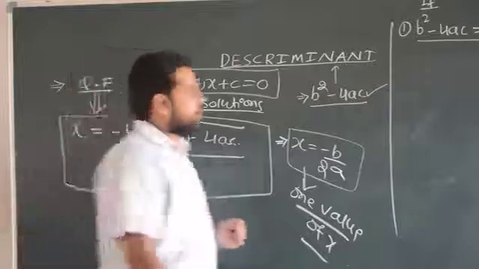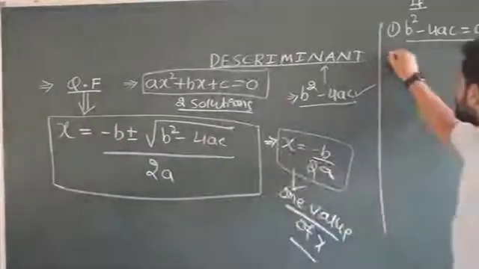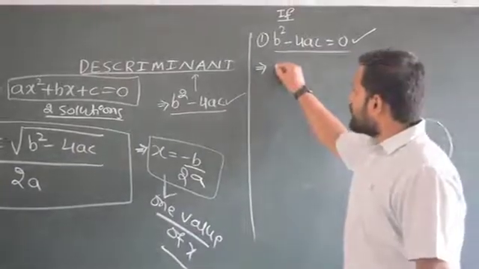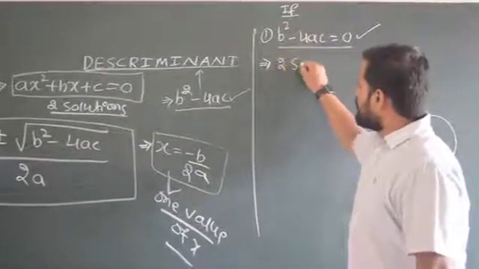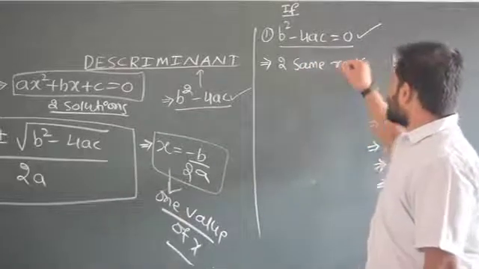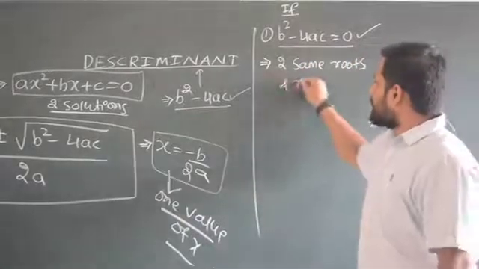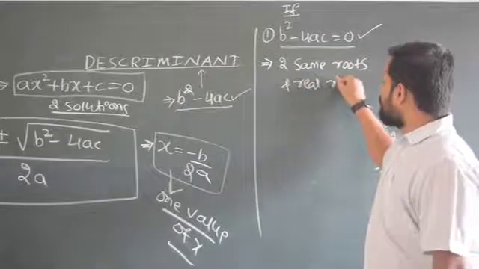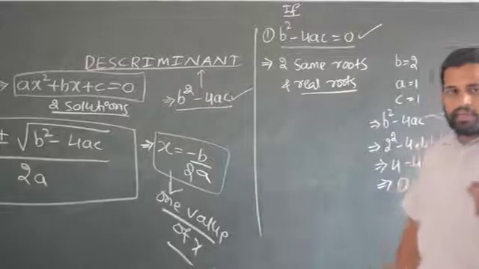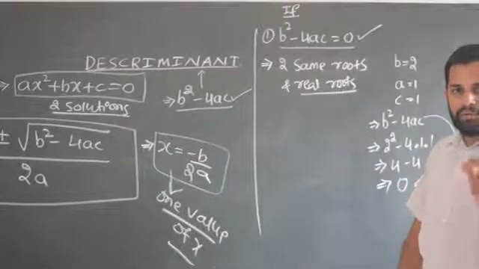At that time what do we do? If b square minus 4ac has become equal to 0, then we say that we are going to have two same roots, and real roots. What is the meaning of real? I will come to this later again. Now you try to understand what I am saying. Please make a note of all these things.